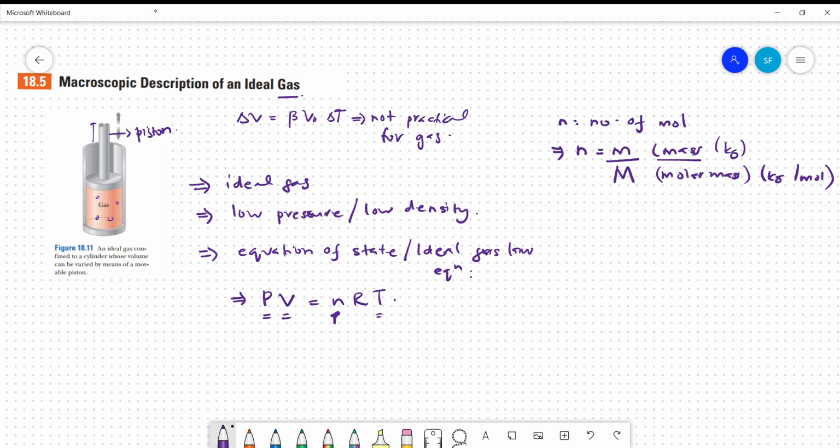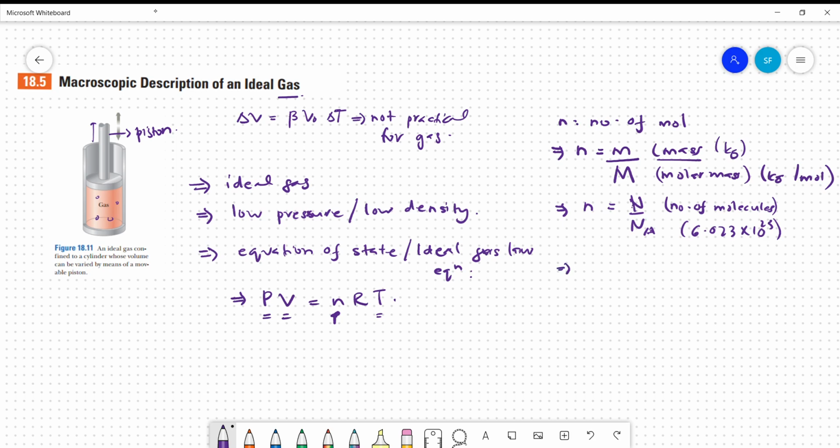Another way to find the number of moles is by using the Avogadro number: N over Na, where N is the number of molecules, or number of particles, and Na is the Avogadro number, equal to 6.023 times 10 to the power of 23 molecules per mole. So this is how to find the number of moles.